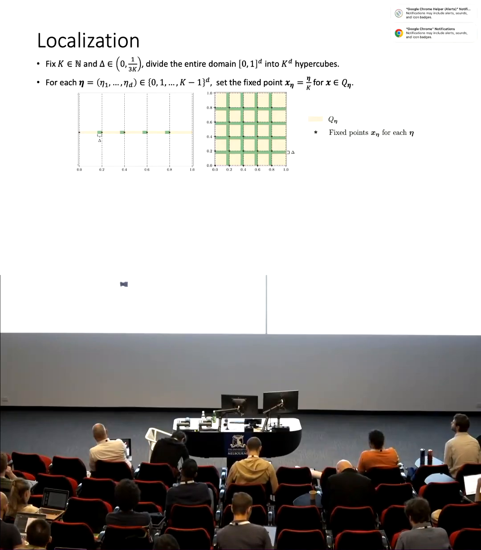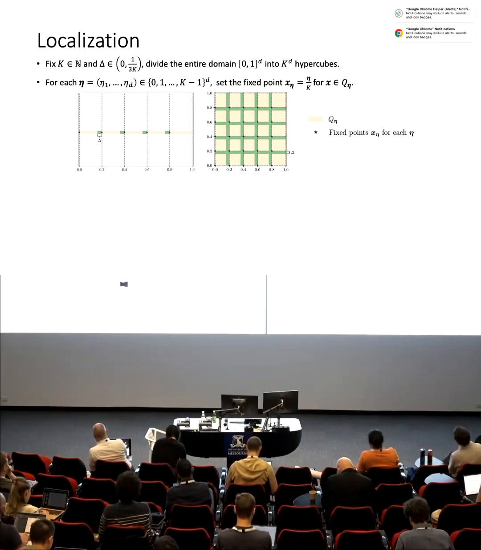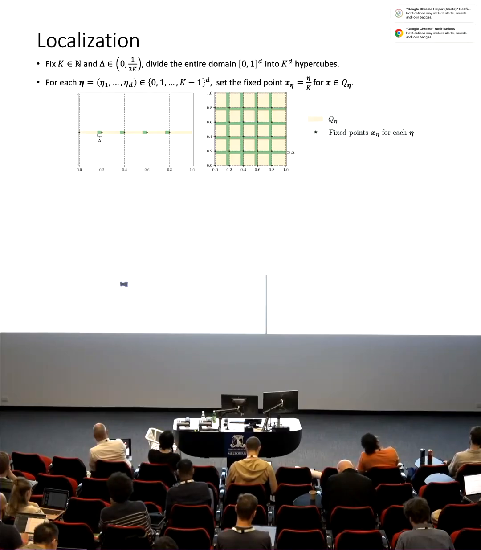For example, here we set K to be 5, and once we know that x is between 0 and 0.2, we set 0 to be the fixed point, so that for any point in that region, the distance between the fixed point and x is bounded by 0.2. And similarly for the higher dimension case, like the 2D case.